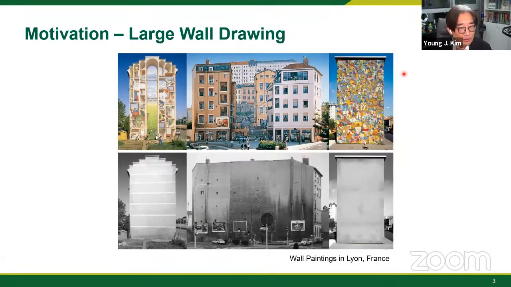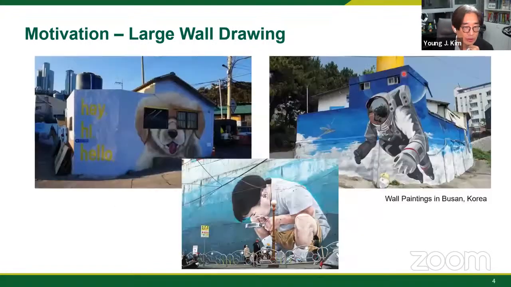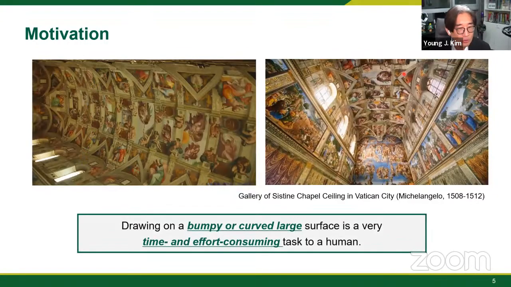The motivation of this work was something like this. You have seen large wall drawings in different places, like in France, or these large wall paintings in Busan in Korea. And probably the culmination of this kind of large wall drawing is the gallery of the Sistine Chapel in Vatican City, which was done by Michelangelo in the early 16th century.